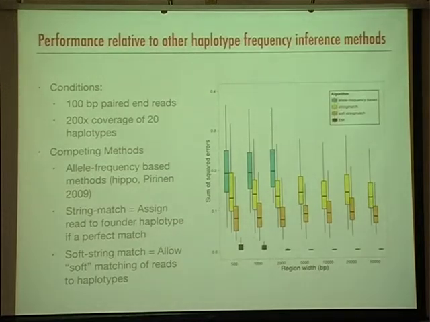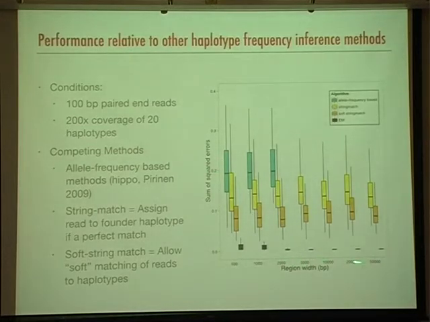And so you can see here, for these 500 base pair windows, 1,000 base pair windows, going up to 5 KB windows, that our error rate is much lower with the EM approach than with the soft string match, the string match, or the allele frequency-based methods.